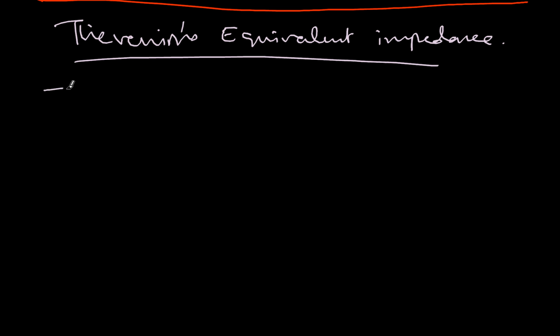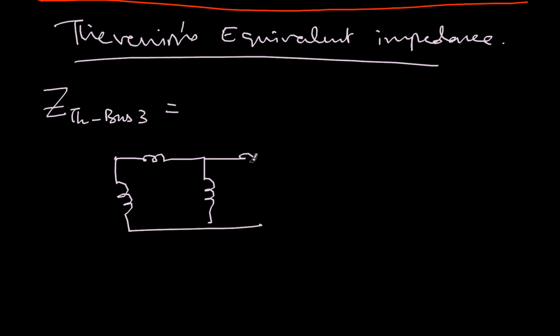So what will be my ZTH with respect to bus 3? For that, I'll make a small circuit like this. So this is your bus 3. Looking from bus 3, what are the impedances?